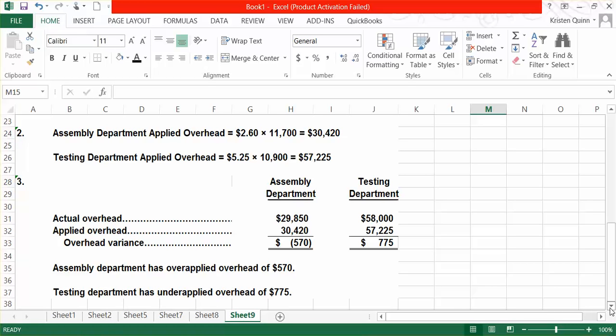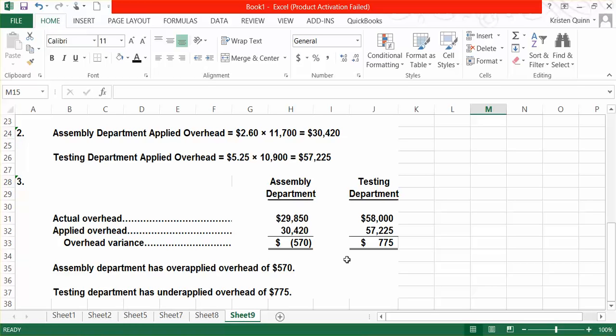Remember, always set up your overhead variance calculation in this way. Our actual overhead is listed first. We subtract away our applied overhead to get our variance. When you do that, it tells you how it's going to affect your cost of goods sold.